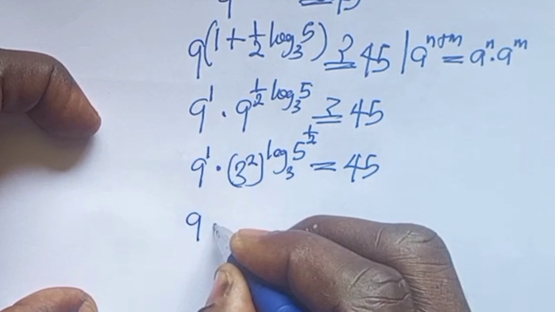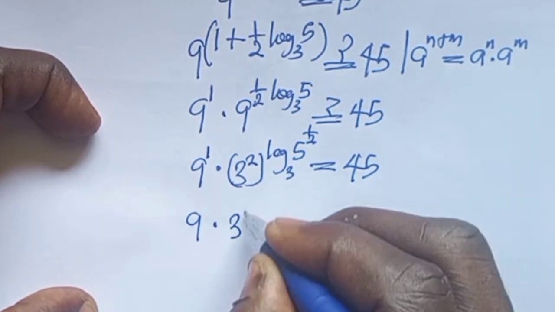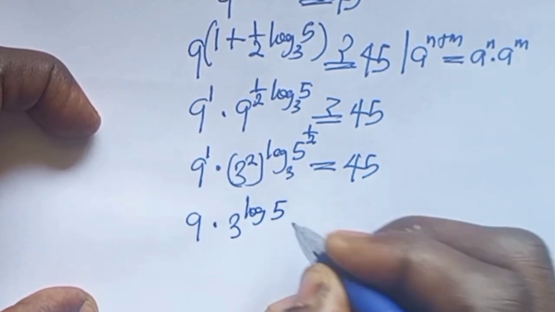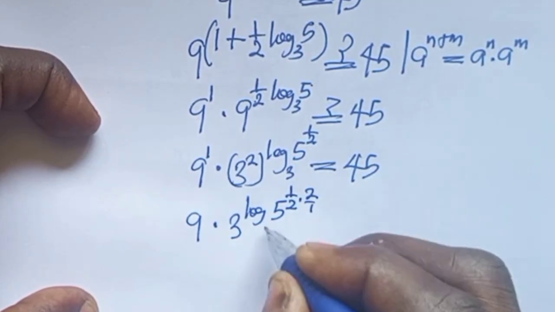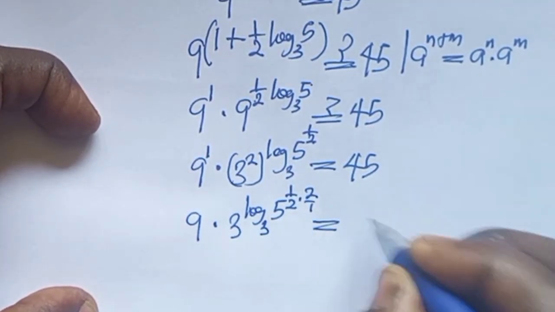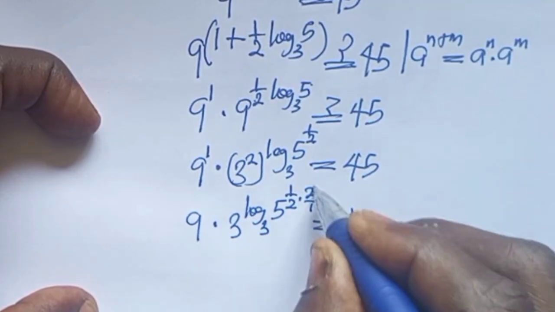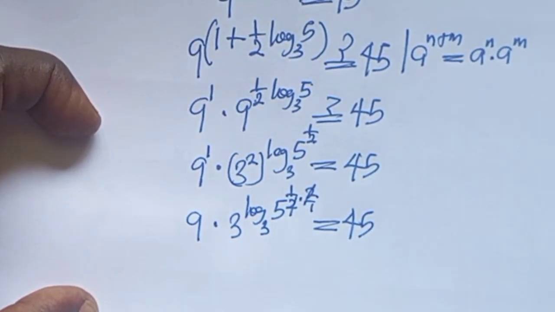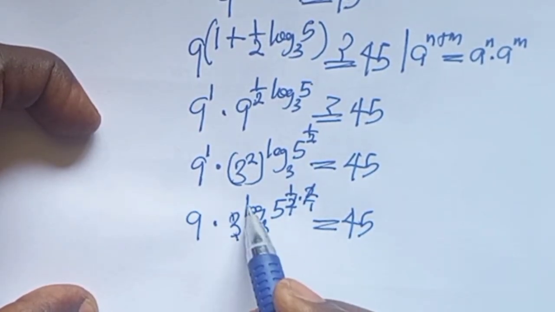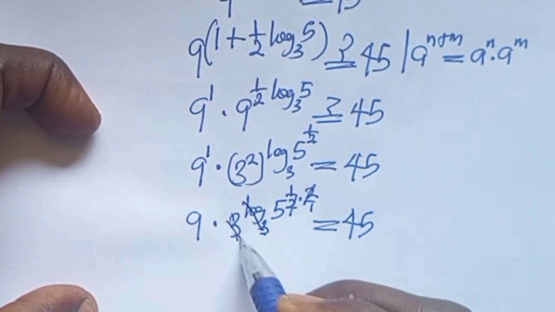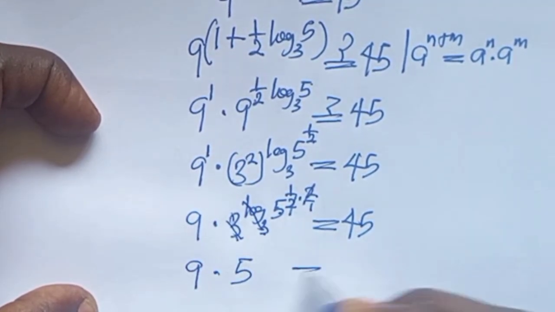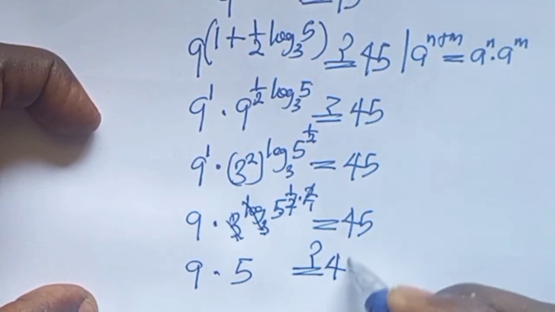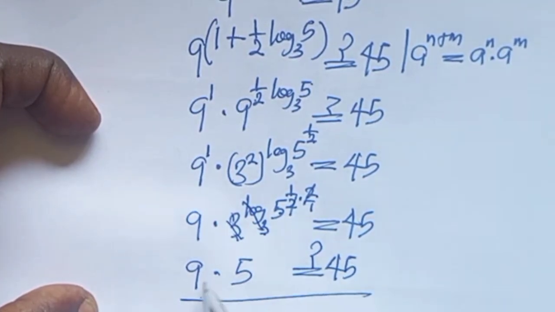So that 9 times 3 to the power of log 5 to the power of 1 over 2 times 2 over 1 and base of 3. Can this be equals to 45? Here 2 will cancel out, and the base number to the power of log of the same base is cancelled out, so that 9 times here, what is left is 5. Can this give us 45? And of course 9 times 5 is 45.